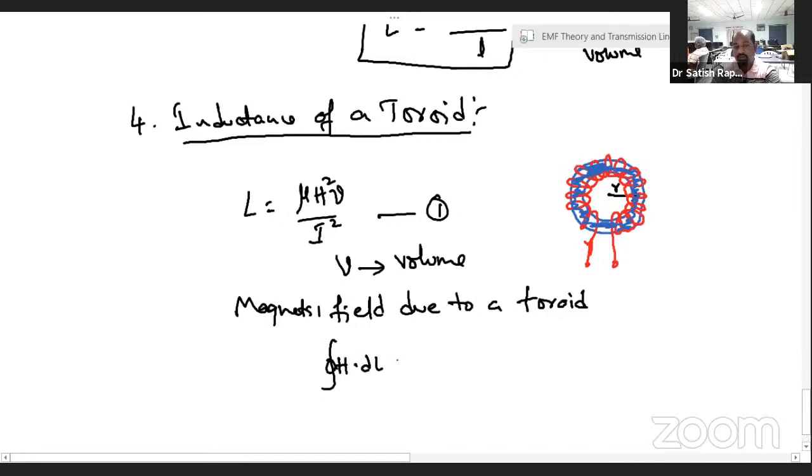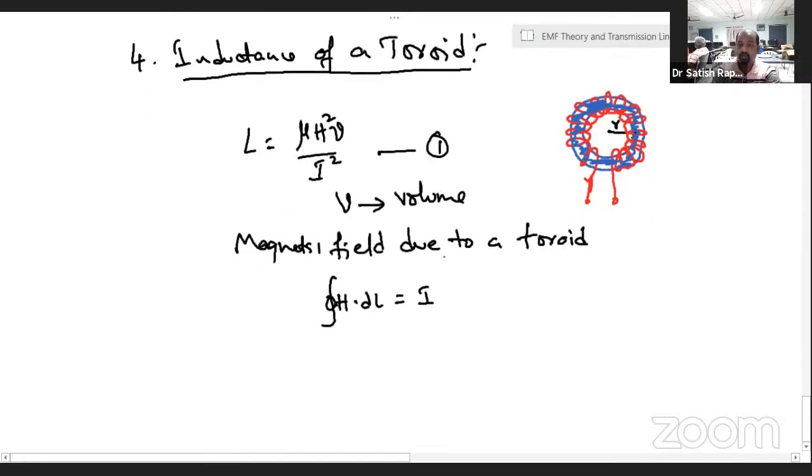Ampere's circuit law. Closed integral of H dot dl is equal to I, and again it contains N number of turns. So H is equal to I N by the line integral of dl.